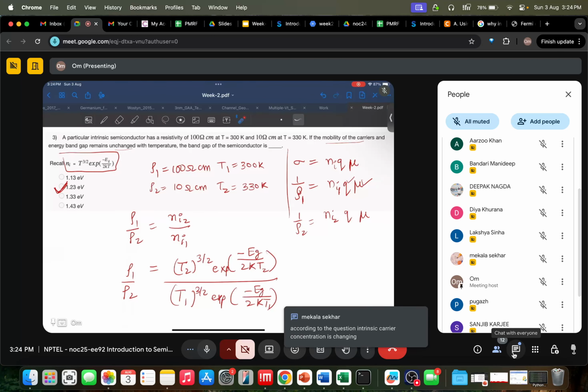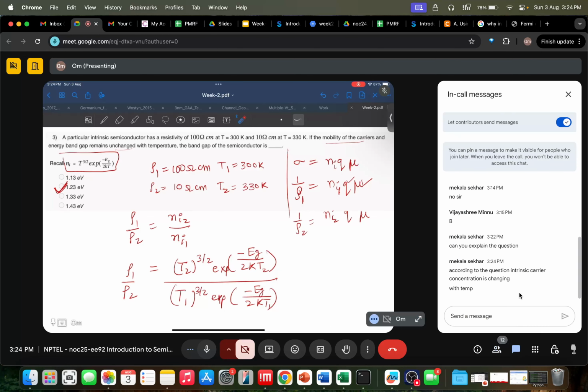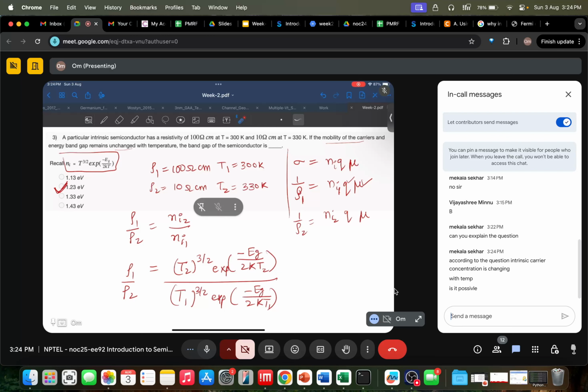Any other doubt in this? Yes, intrinsic carrier concentration is changing. Yeah, that happens. This relation is given, right? This is correct.